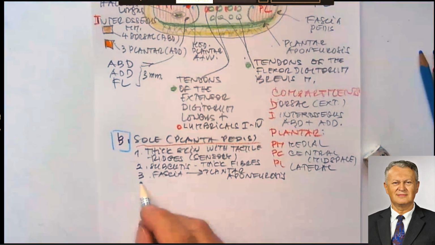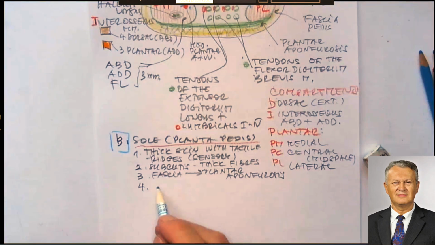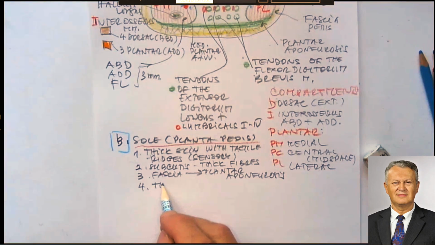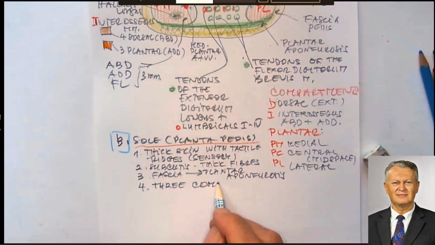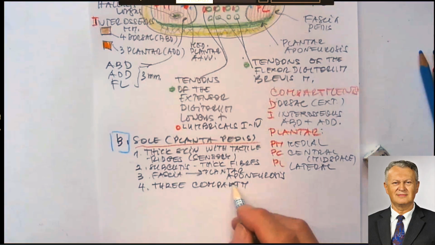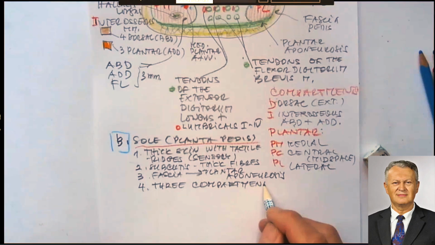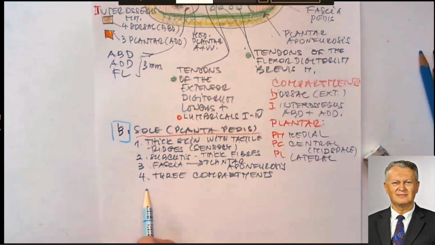Good. Then number 4 would be, I would say, 3 compartments. We have seen them in the diagrams. 3 compartments, which is the medial, lateral, and central compartment.